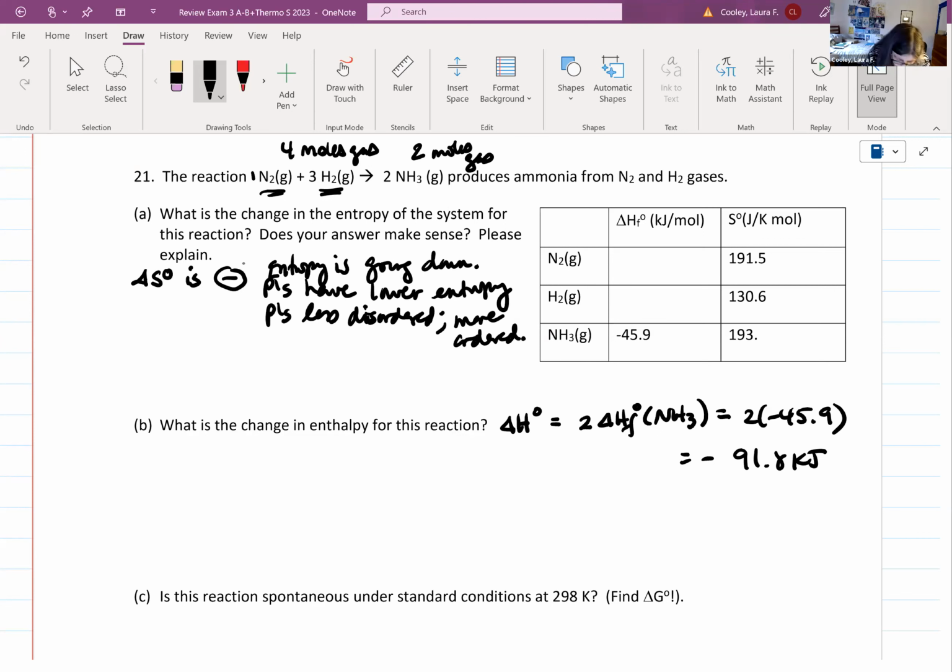And then you can actually calculate it. Delta S0 is 2 times this minus 3 times this minus 1 times the 191.